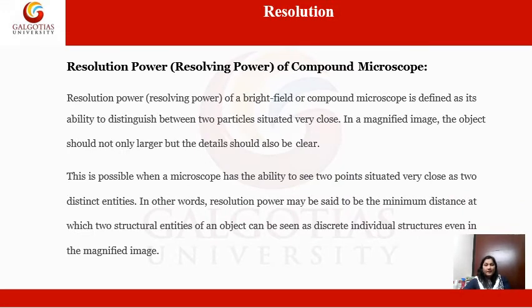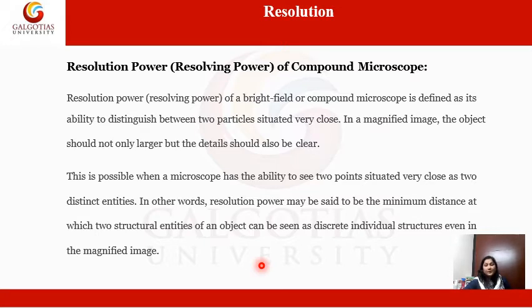Coming to the resolving power of a compound microscope: the resolving power of a bright field or compound microscope can be defined as its ability to distinguish between two particles situated very close to each other. In a magnified image, the object should not only be larger, but the details should also be clear.